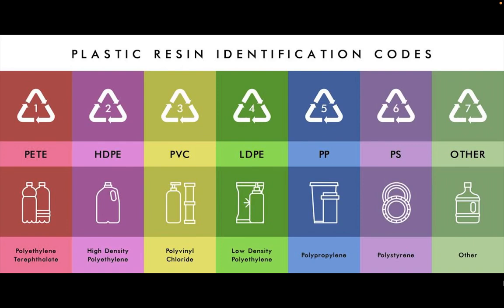Number 2. High density polyethylene. This is the plastic that withstands chemical products well. It's not very flexible, but is easy to make and handle. Its most common uses are plastic shopping bags, packaging for cleaning and personal hygiene products, milk and juice cartons, and yogurt pots.